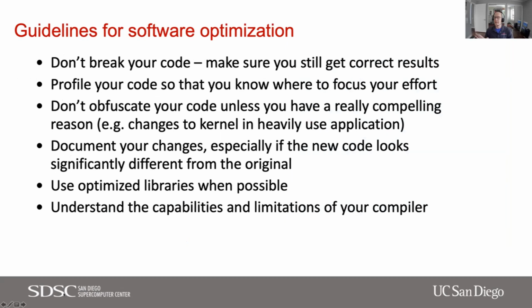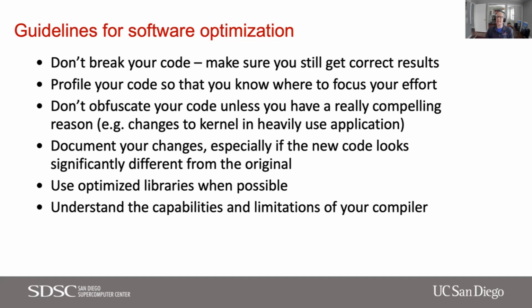So before we get into some of the details, we're going to go over the guidelines for software optimization. First of all, I think of this as the prime directive of performance tuning, and that's don't break your code. I've done this already. It's really embarrassing when you do this and you don't realize it, but make sure that you're still getting the correct results.